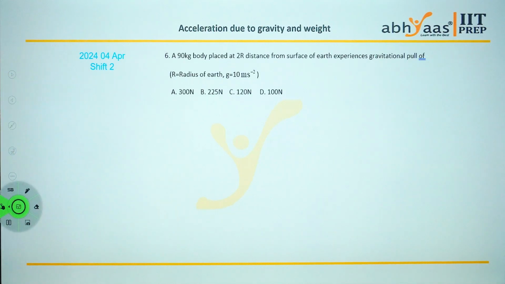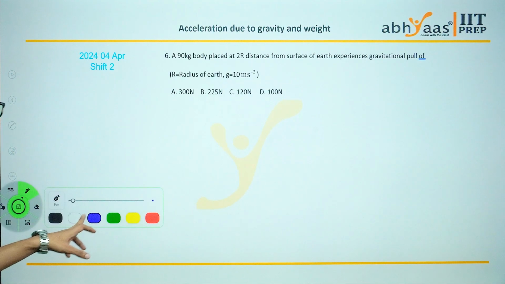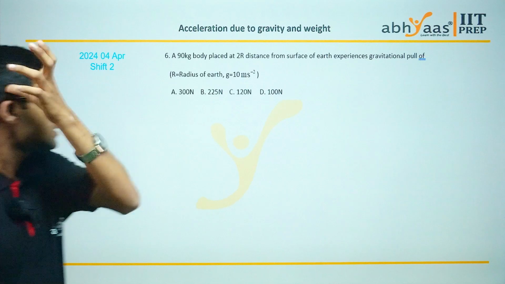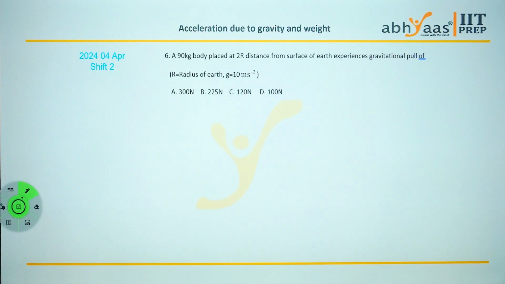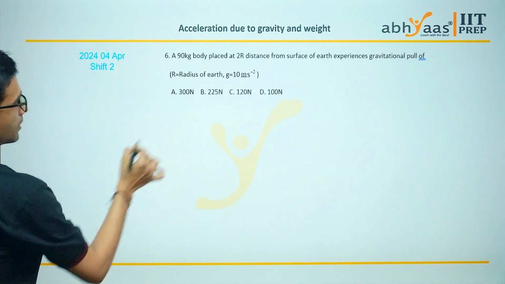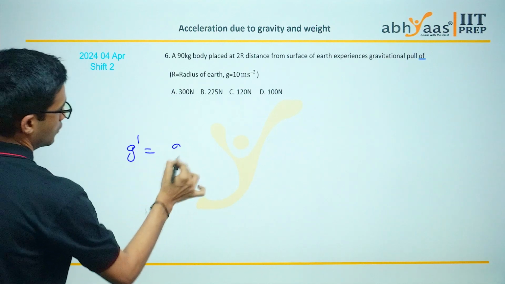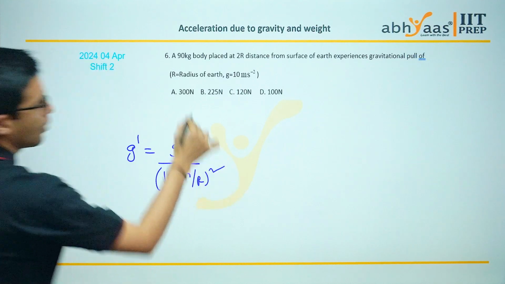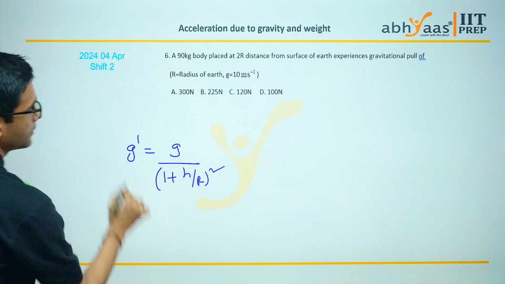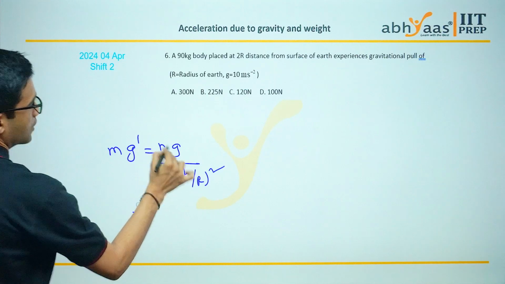Okay, another thing. A 90 kg body is placed at a distance 2R from the surface. What is the weight? Again g dash is equal to g by (1 plus h by R) whole square. But what is the height? 2R. So you multiply like this and you will get the answer.